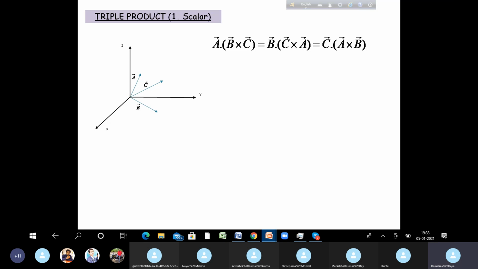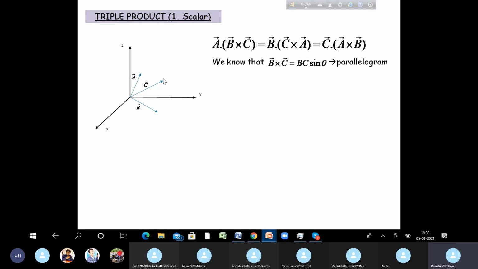Suppose this is my coordinate axis x, y, z, and suppose we have these three vectors A, B, and C. They are randomly oriented in space, okay? They can be of any direction. I have chosen just randomly any three directions of A, B, and C. Now, if you look at the first expression, A dot B cross C, B cross C is BC sine theta, right?